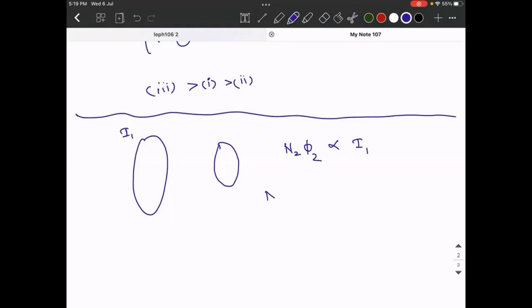Okay. So N2φ2, I can write it as M21 times I1, where M stands for mutual inductance. But when you write mutual, you need to write the relative values. What do you mean by relative? You need to write a subscript of which number with respect to which number. So how do you read it? Mutual inductance of 2 with respect to 1. So mutual inductance of 2 with respect to 1 is this value.